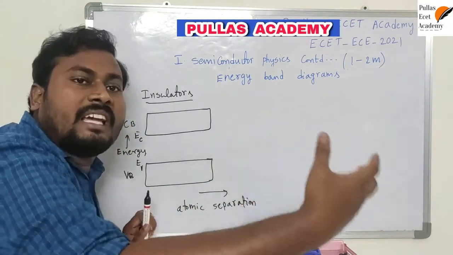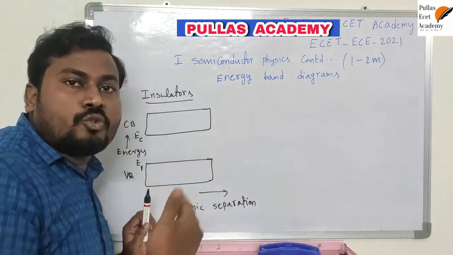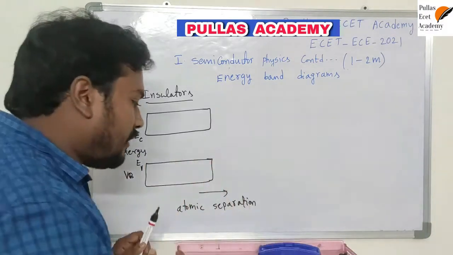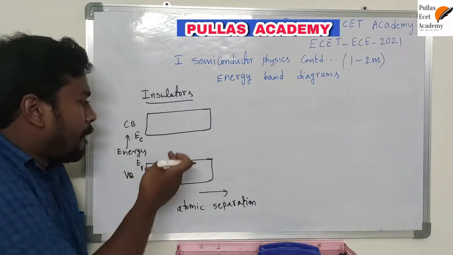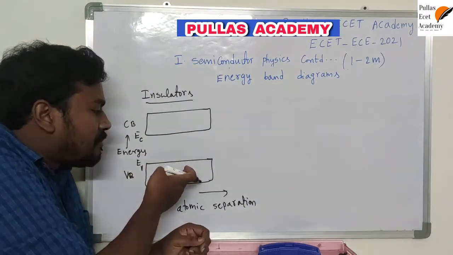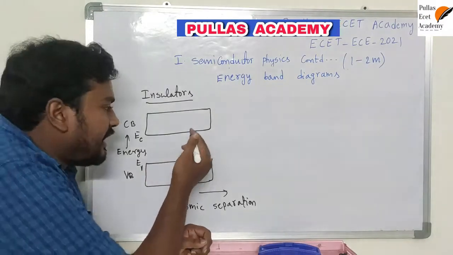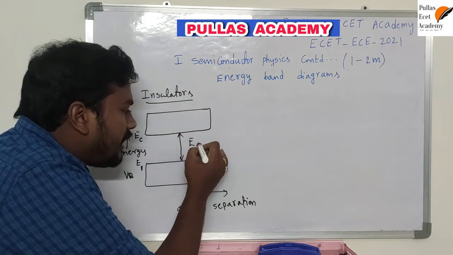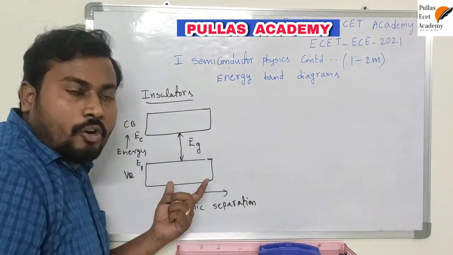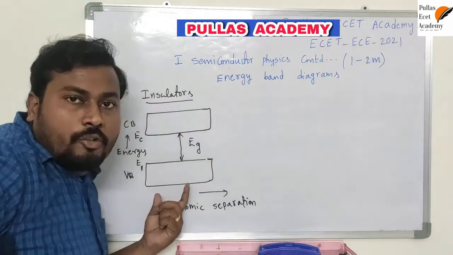You are simply increasing the distance between two atoms. Here, the gap between conduction band and valency band is the forbidden energy gap.